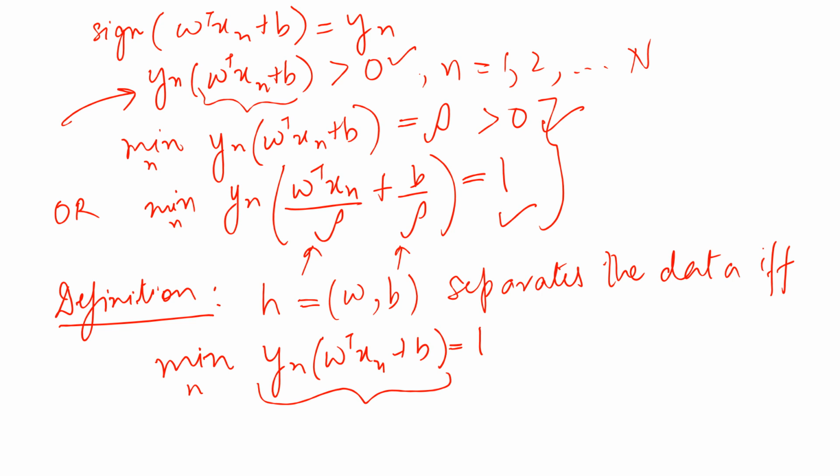What this means is that if we compare the signal to 1, the further it is from 1, the further away you are from the hyperplane. So 1 sets an absolute length scale. This is a precise way of saying what it means to separate the data.